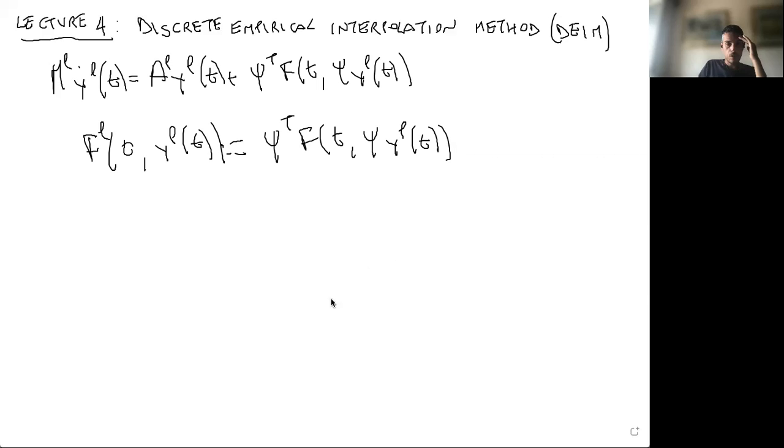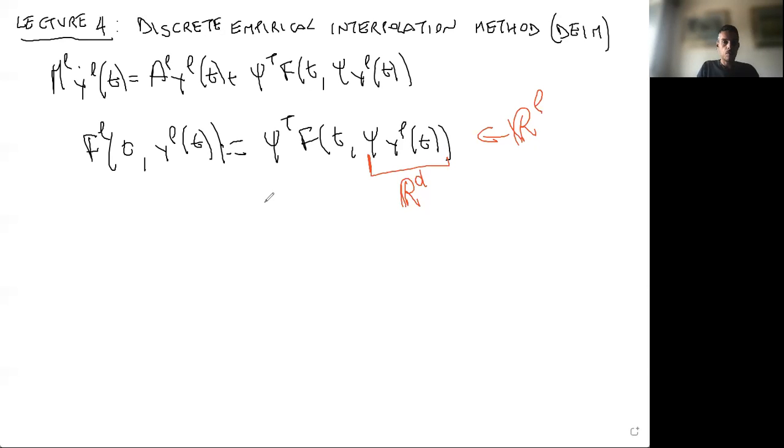So what is clear is that although this is an L-dimensional vector, this is not independent from the D-dimensional problem. So this is in R^D. What we do is expand to the high-dimensional problem, evaluate F, and then project.